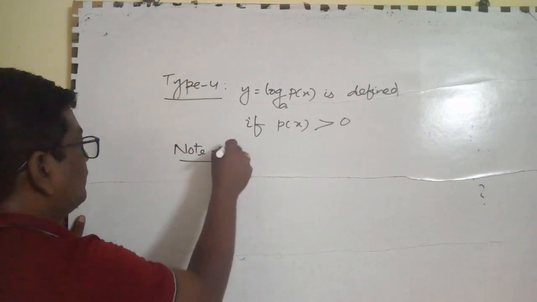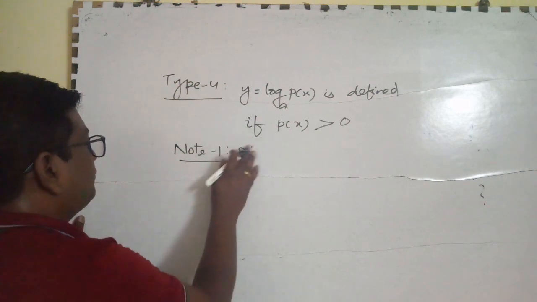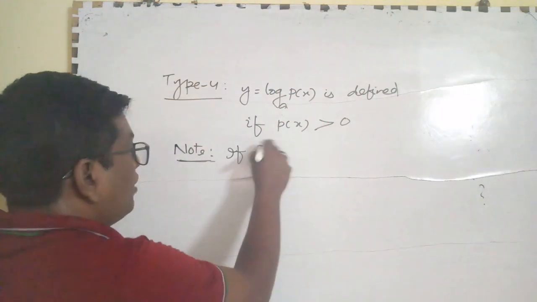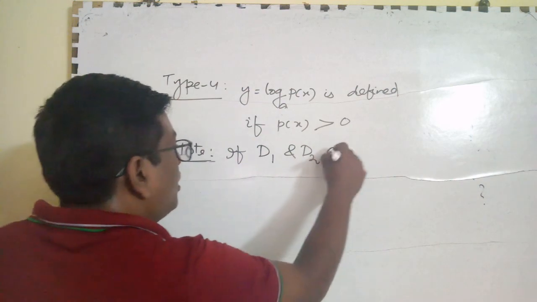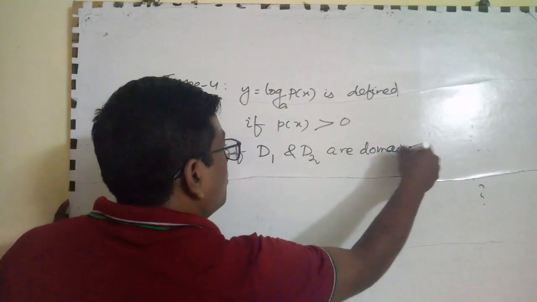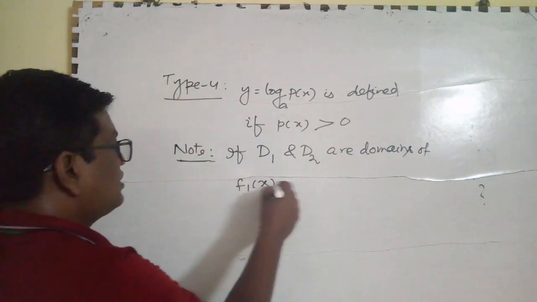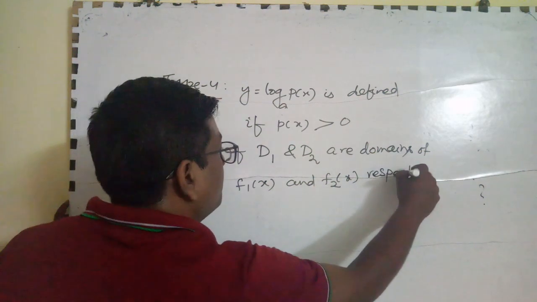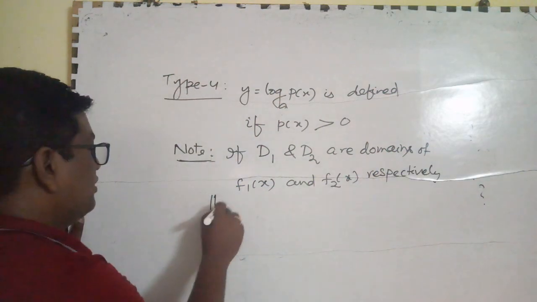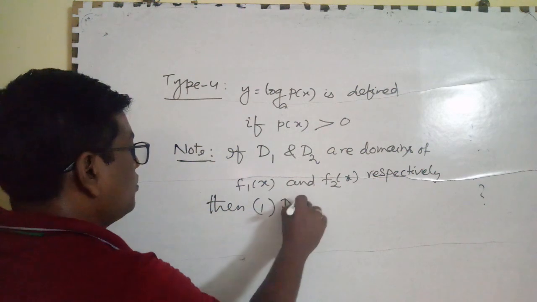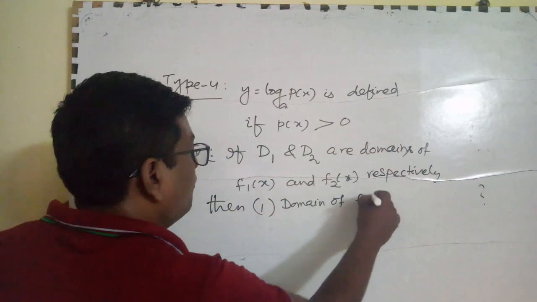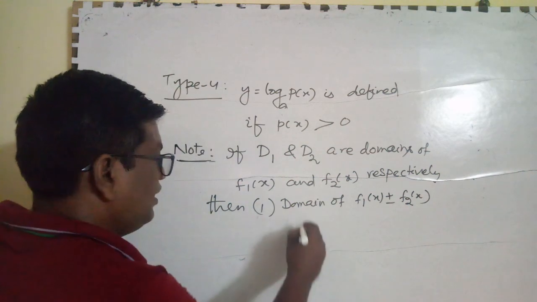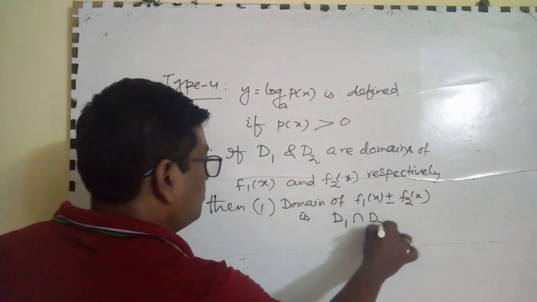Note 1: if D1 and D2 are domains of f1x and f2x respectively, then number 1, domain of f1x plus or minus f2x is D1 intersection D2.